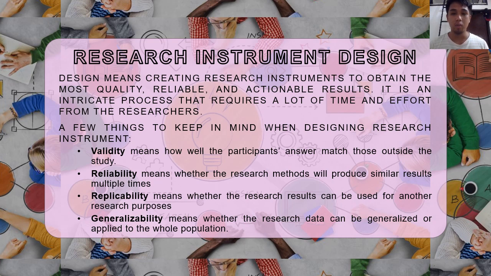A few things to keep in mind when designing a research instrument: first, we have to test the validity of our research, which means how the participants' answers match those outside the study. We also have to consider the reliability, replicability, and generalizability. So these are the things that we have to consider in order to have a good type of research.